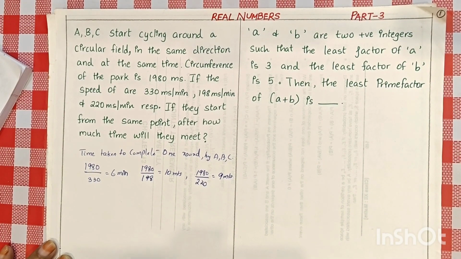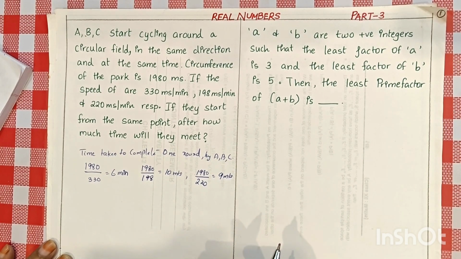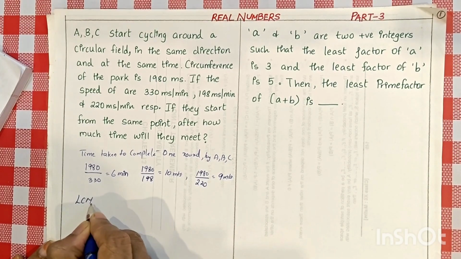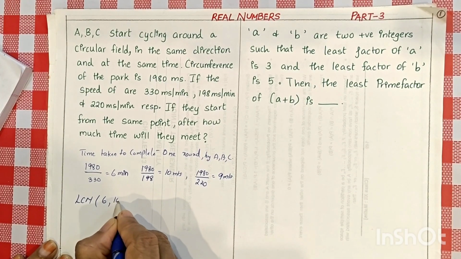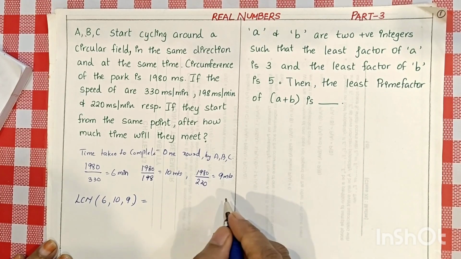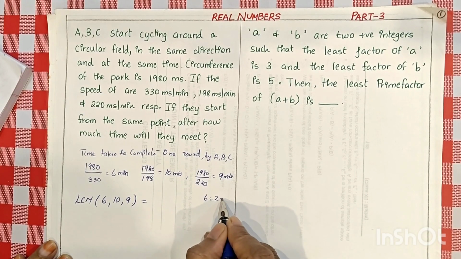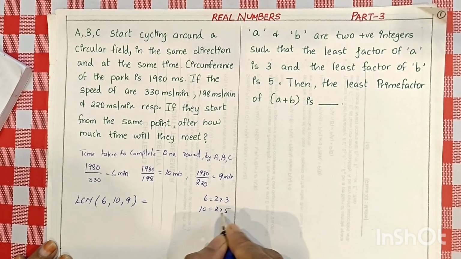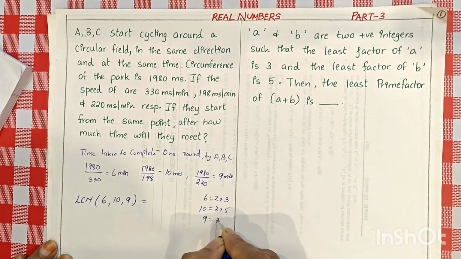That means a later time, so you should get a higher number. So you have to go for LCM. LCM of 6, 10 and 9. 6 is equal to 2 into 3, 10 is equal to 2 into 5 and 9 equal to 3 squared.